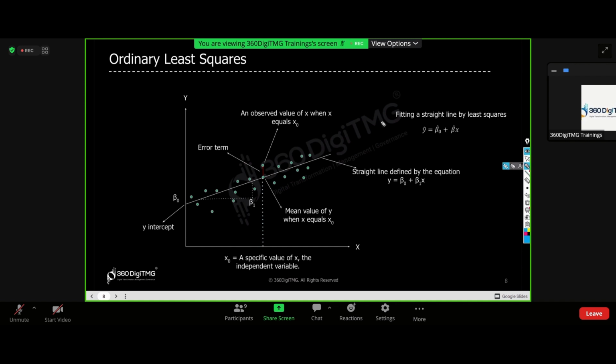So we need to find out fitting a straight line by least squares. And this is the line we need to find out because there are multiple possibilities. Obviously this line will depend on beta naught and beta 1 values.